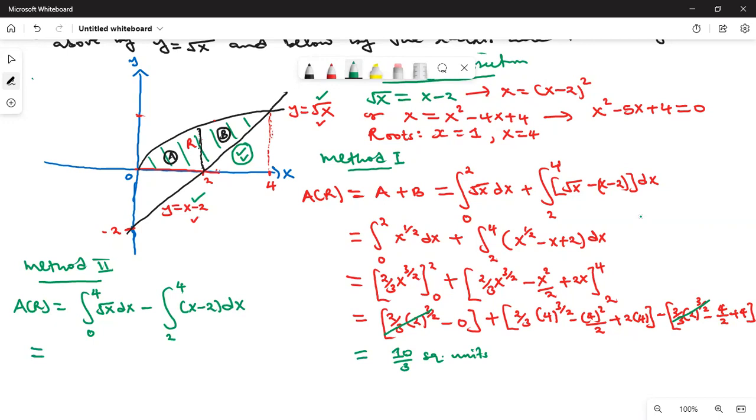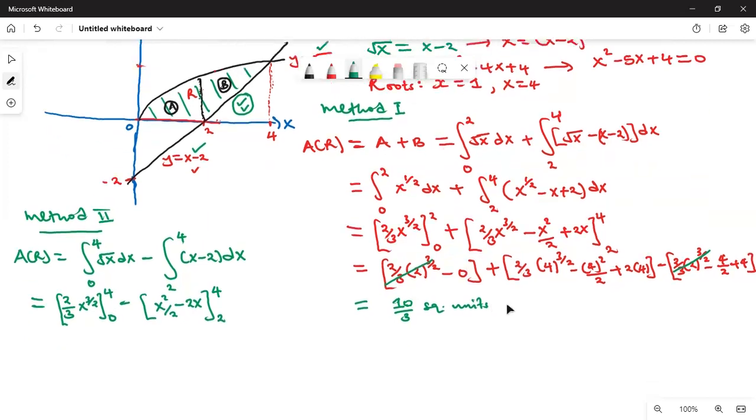So when you integrate root x, you get 2 over 3 x raised to 3 over 2 between 0 and 4. Then minus, when you integrate the other one, you get x squared over 2 minus 2x between 2 and 4. So let's see, what will it give us?